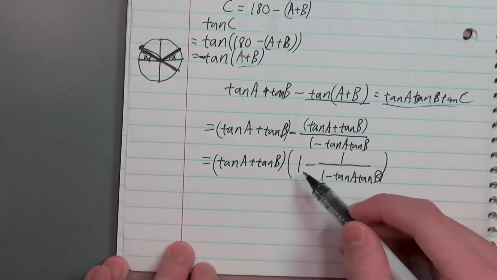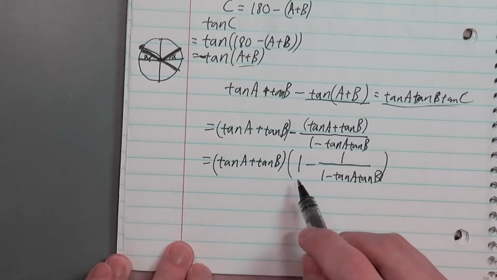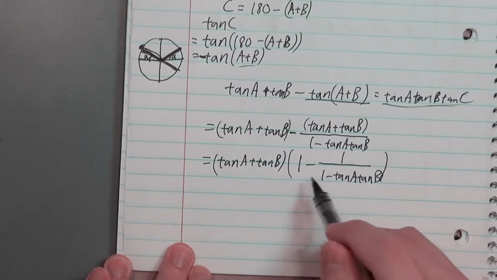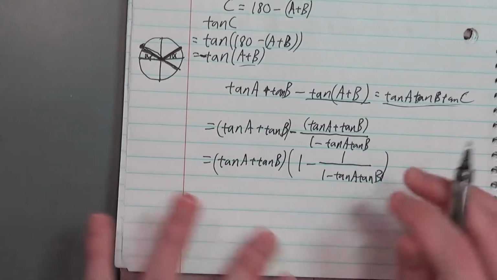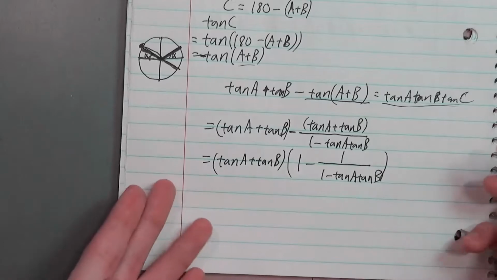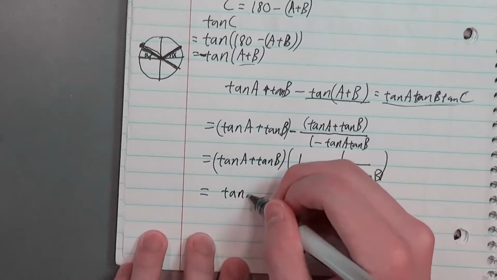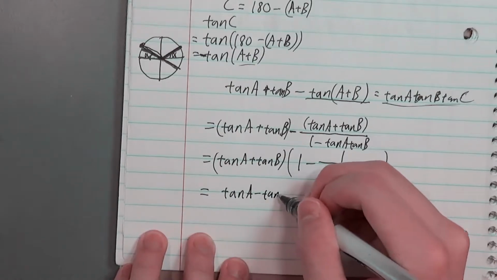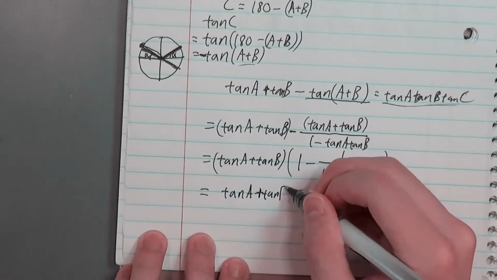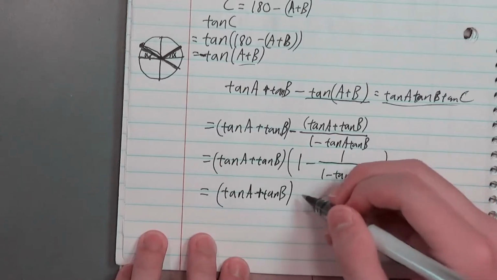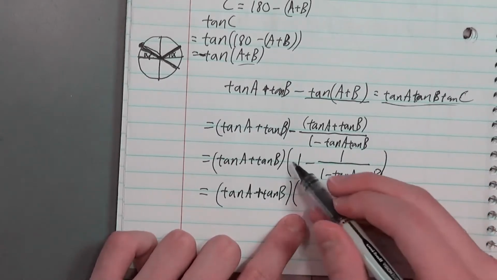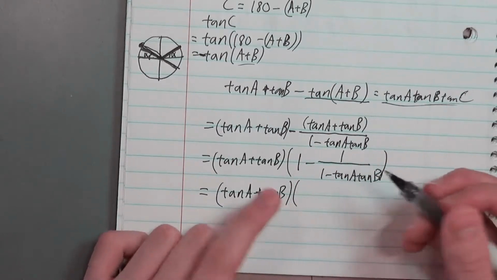Well, we've got some things going on here. I would like these two terms to have the same denominator, just so that things could be a bit neater. So let's just quickly simplify. Tangent of B. Multiply this by, and then just get these two terms having the same denominator.